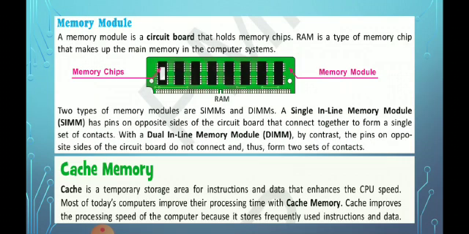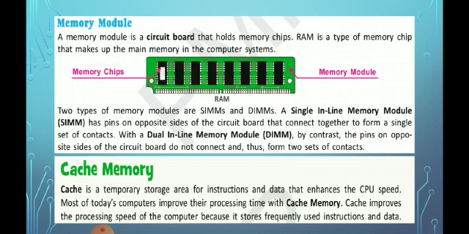Now we will discuss memory modules. A memory module is a circuit board that holds the memory chips. RAM is a type of memory chip that makes up the main memory in the computer. Two types of modules are available, SIMM and DIMM. SIMM is the single inline memory module.